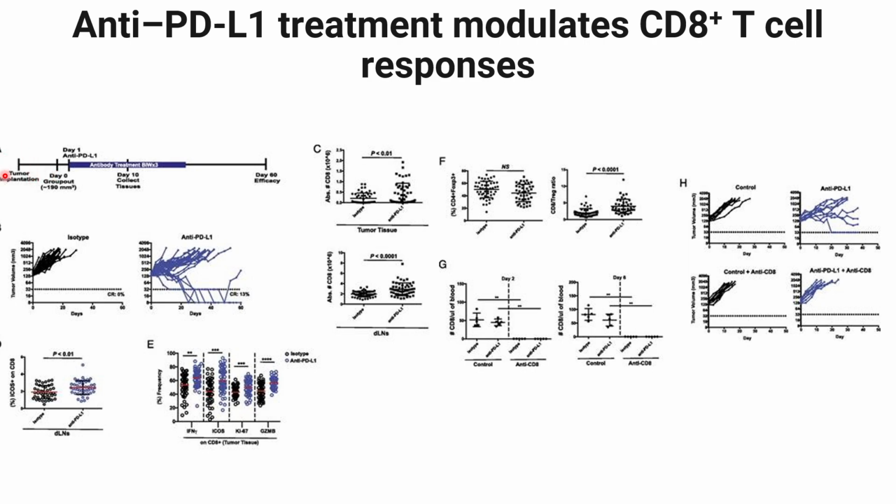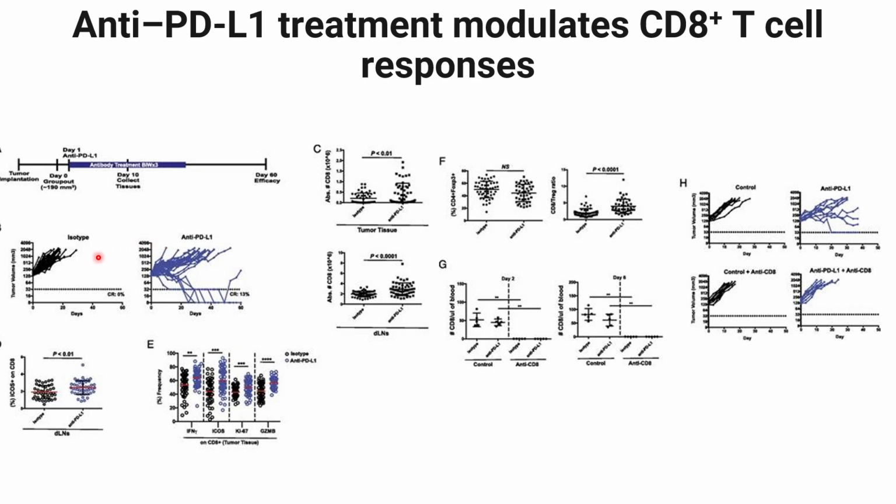They first implant the tumor in the mouse, and when the tumor growth reaches around 190 mm square, they consider it as day 0. After 1 day of these observations, they inject the anti-PD-L1 and then do the experiments.